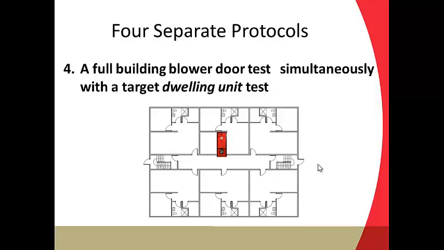So the way we do this is we set up a fan either in a door or a window of an individual dwelling unit, and then we're also depressurizing the entire building. So we're using the blower door going to the outside to depressurize the whole building, and then we've got a fan running on that individual unit.